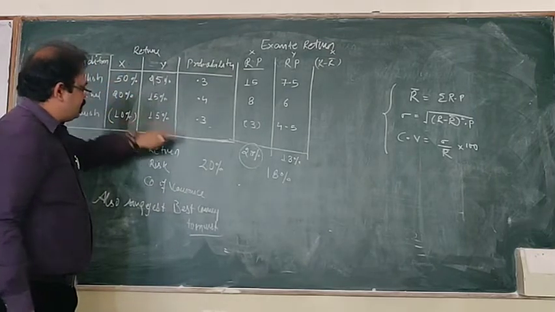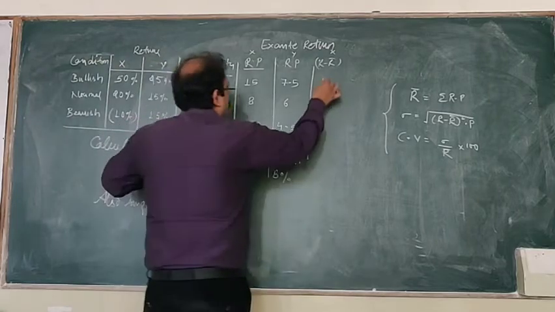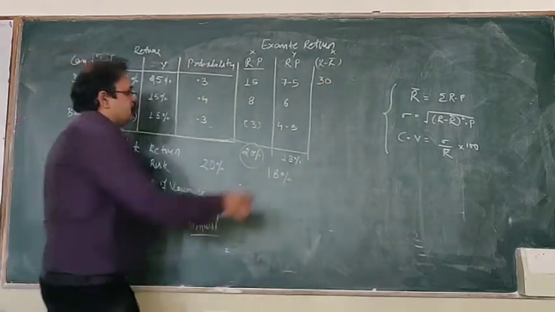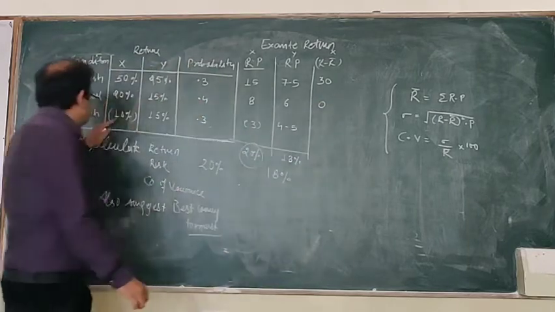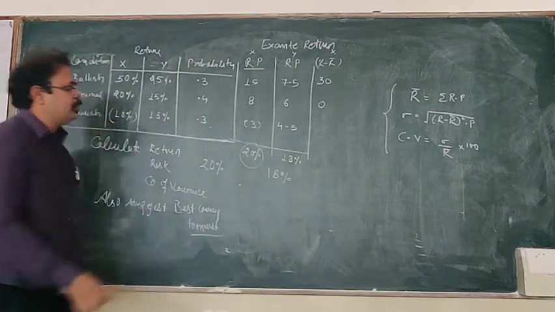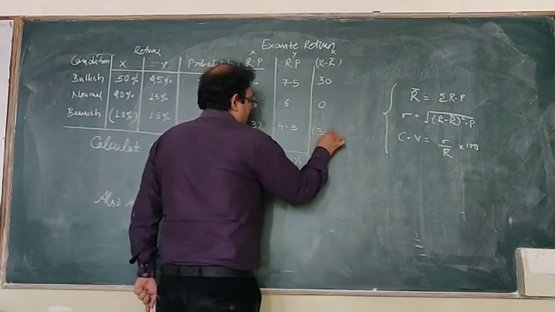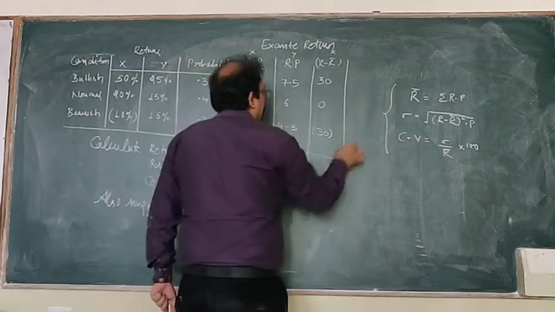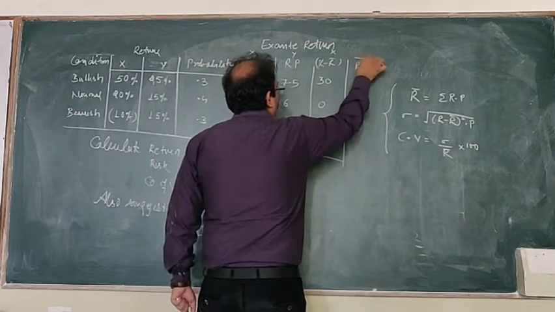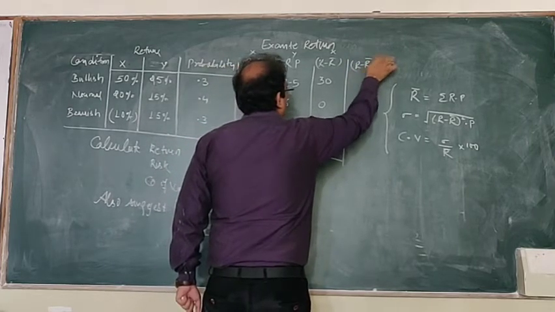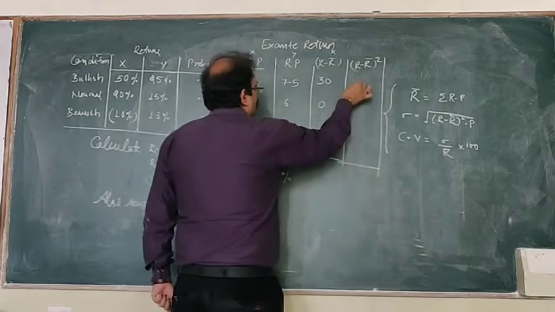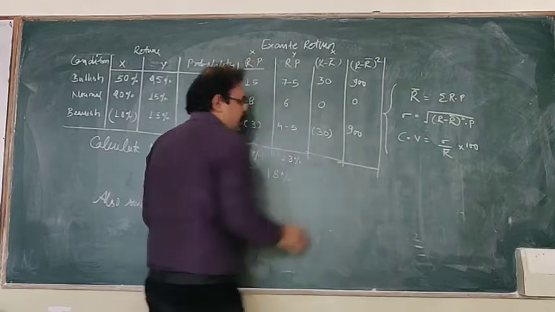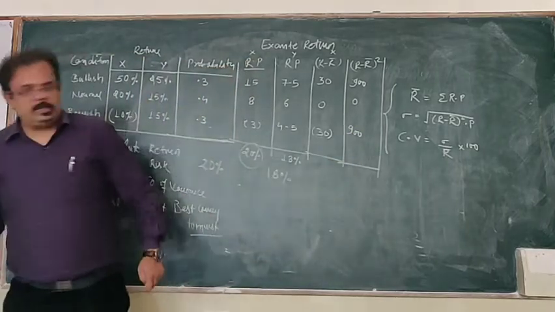So 50 minus 20 is 30, 20 minus 20 is 0, minus 10 minus 20 is minus 30. Now R minus R bar whole square: 900, 0, 900. Now multiply this value with the probabilities.